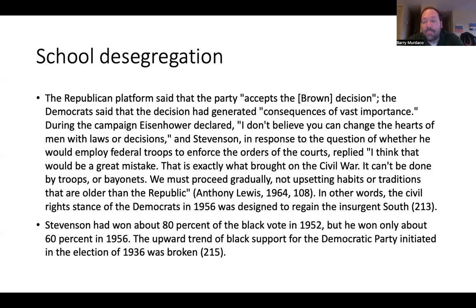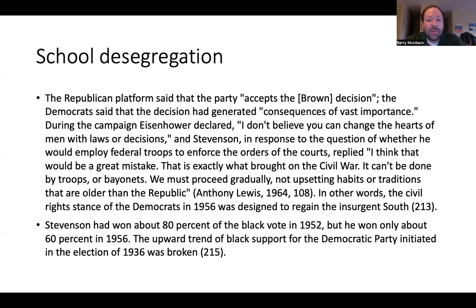But let's be clear, the historical record on this is quite clear that both parties were extremely reluctant to embrace the civil rights movement, and extreme amounts of pressure had to be brought to bear upon them to get even the slightest, even minor actions on the part of the federal government.